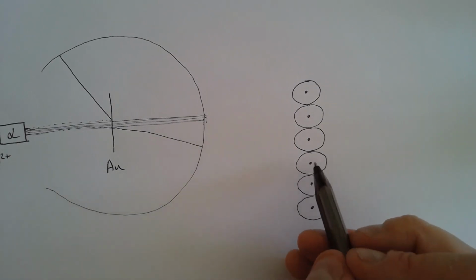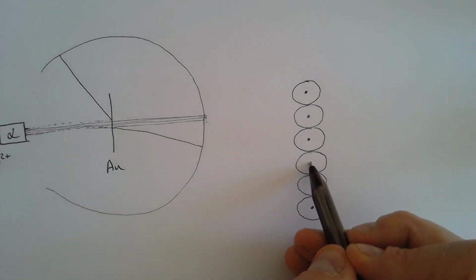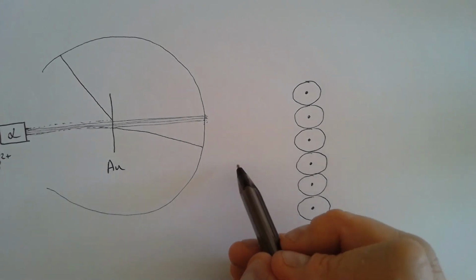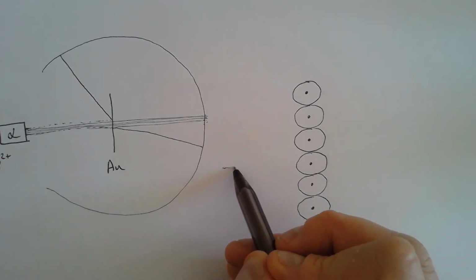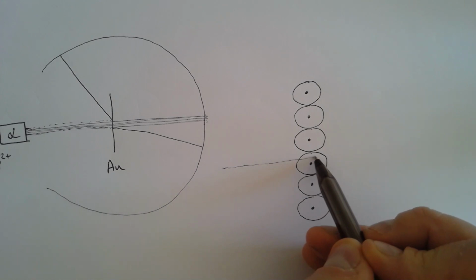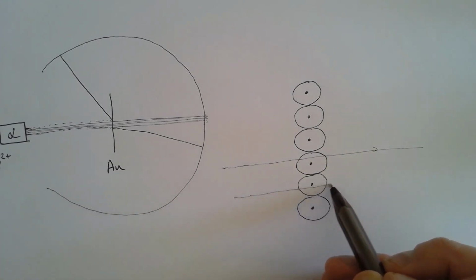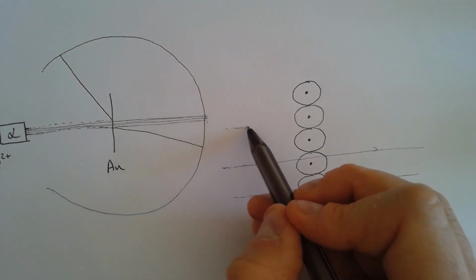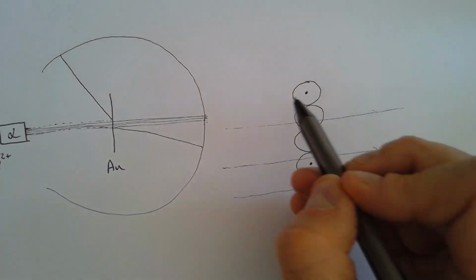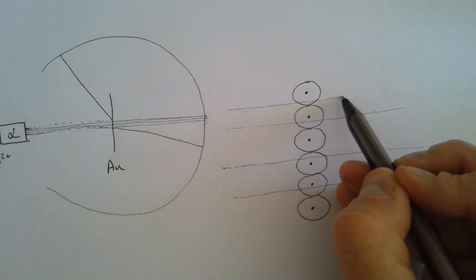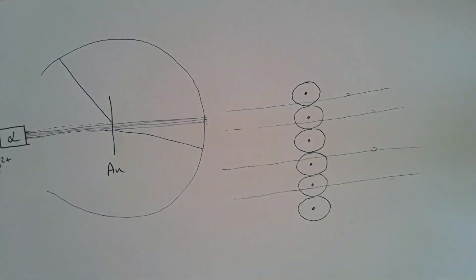Because this is so small, it's less than 1% of the volume of the atom, the chance of an alpha particle hitting it is very, very low. So we're expecting to see things like this. The alpha particles, for the most part, are just passing through.